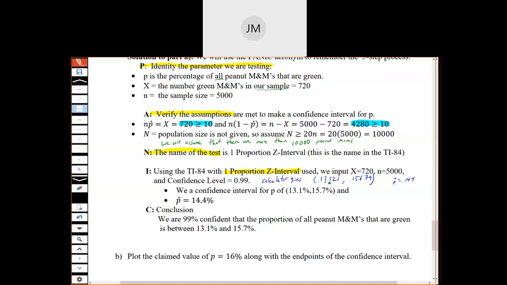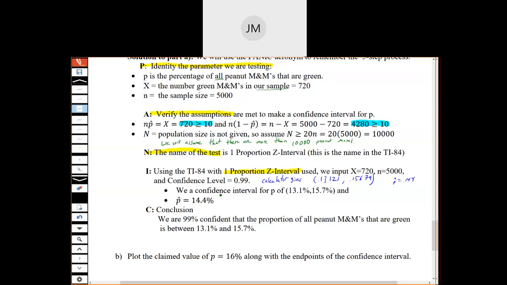So we move the decimal over two places and then we round it, so we get 13.1%. Over here, I move the decimal over, so I have 15.679. That will round to 15.7%. Over here, for the p hat, if I move the decimal over twice, I'm at one decimal place, so I don't need to do any rounding, so I'll just have 14.4%.